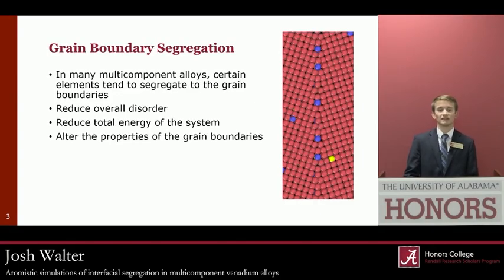Because of this, they create disorder throughout the bulk, leading to higher energy in the system. So, in order to lower the overall energy of the system and create the most stable structure, these atoms will want to segregate to the grain boundary, where there's already a lot of disorder, therefore lowering the total energy of the system. And this segregation can alter the properties of the grain boundaries, and in turn, the properties of the material.